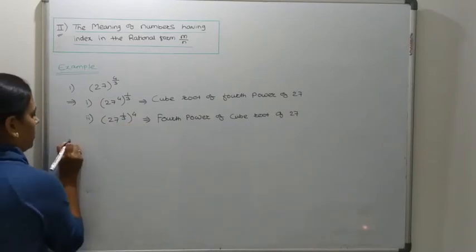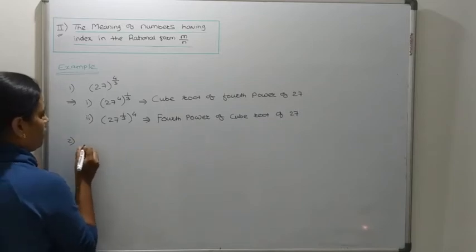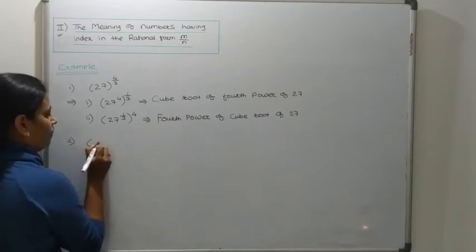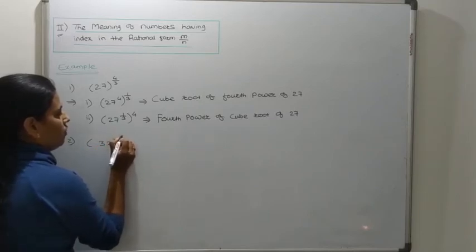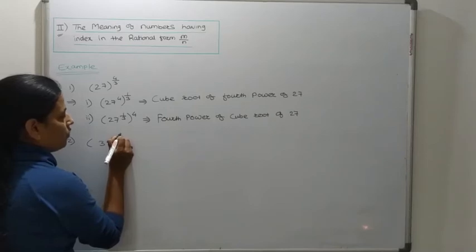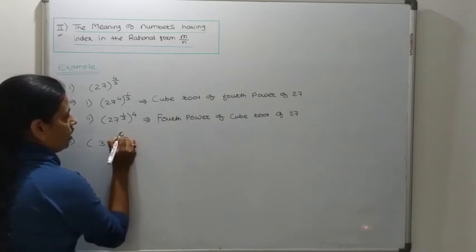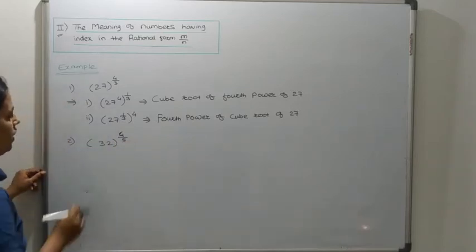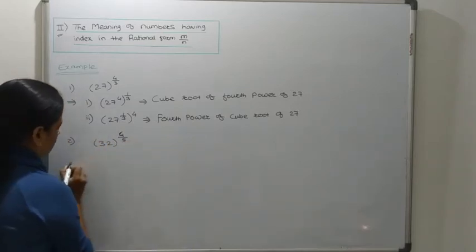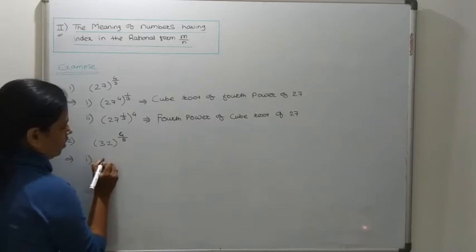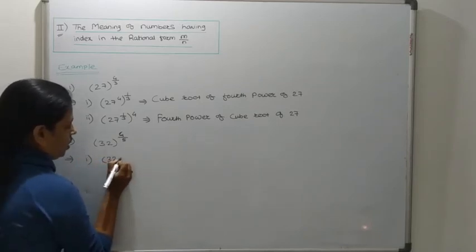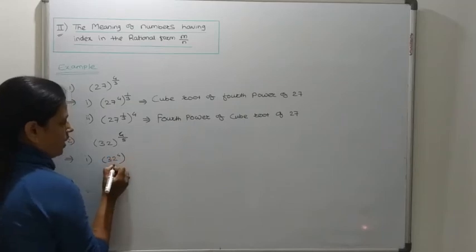Now next example. Suppose I am to write here 32 raised to 4 upon 5. So how to solve this? First method, first solution: 32 raised to, we have to take here the power as 4.